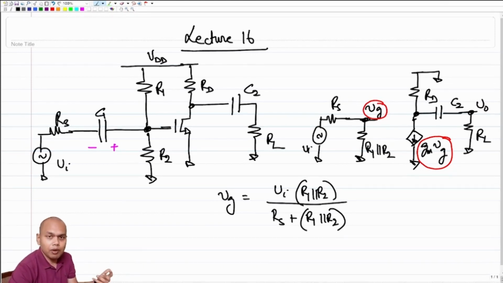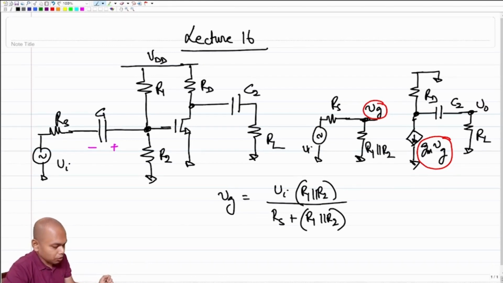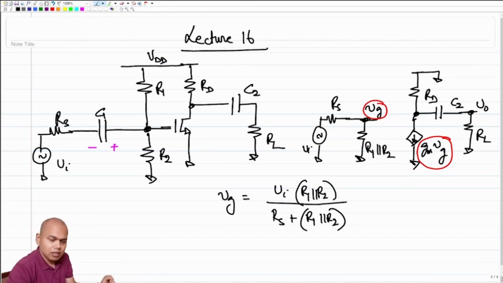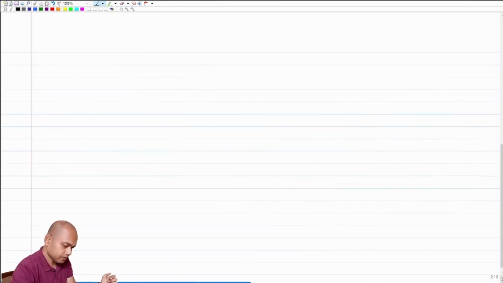We want Y11 of this entire contraption to be 0, which means that we don't want R1 parallel R2 to load the input source. So if R1 parallel R2 is much greater than Rs, Vg approximately becomes equal to Vi.